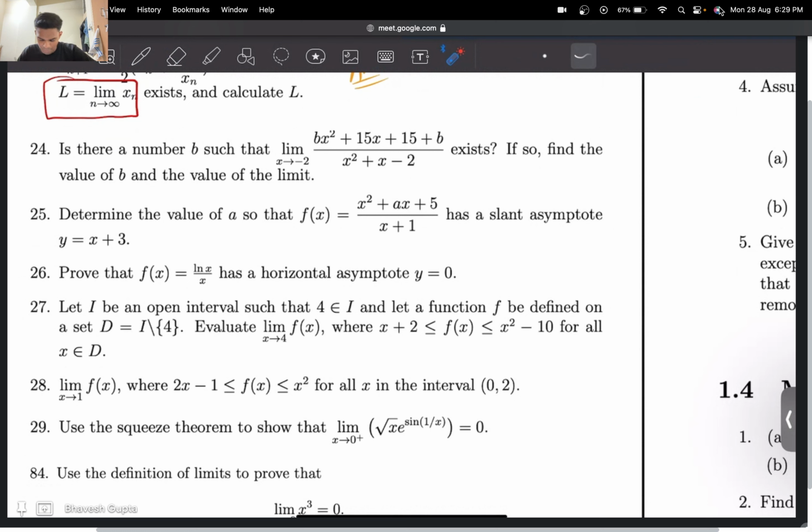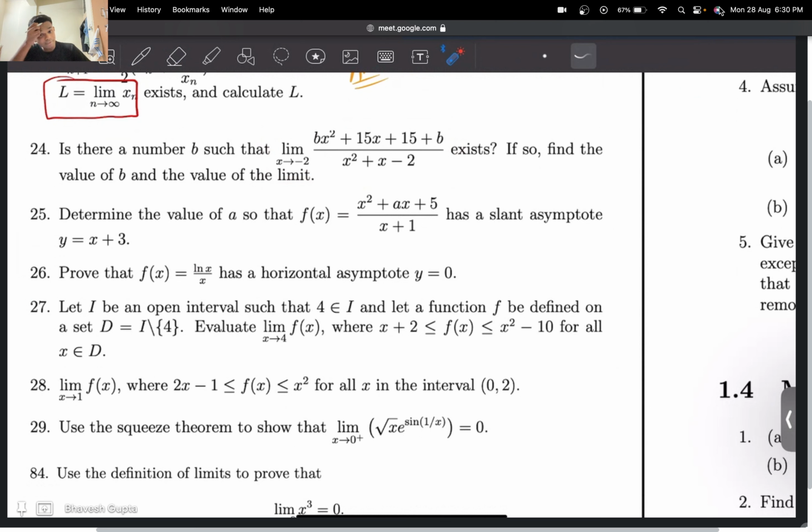Now we have this particular problem in which they have asked you to solve this limit value, and they just want to know what is the number b such that this limit exists. Okay, so that's the idea here.